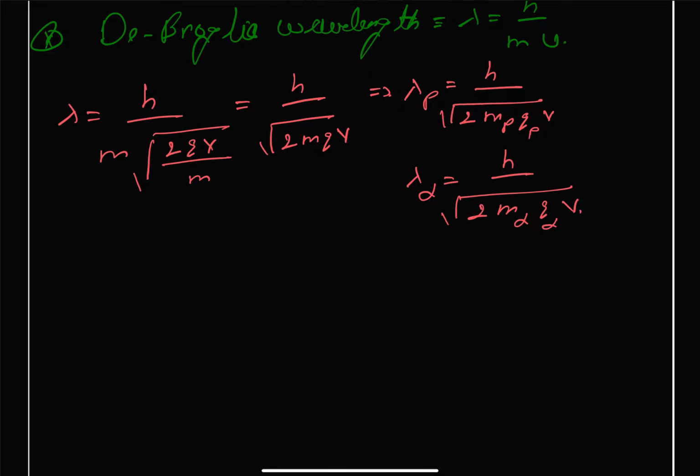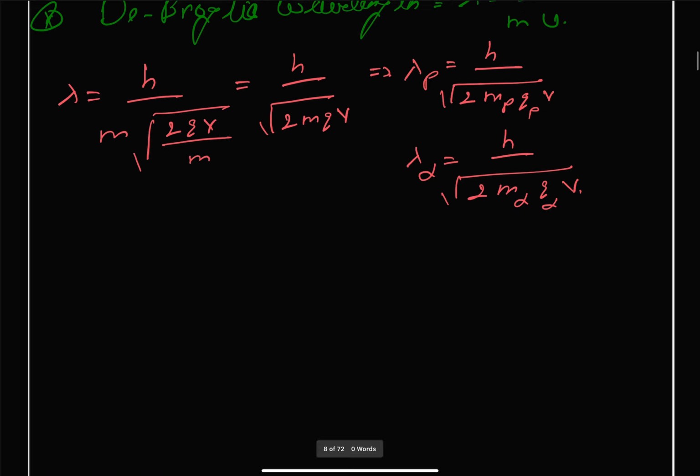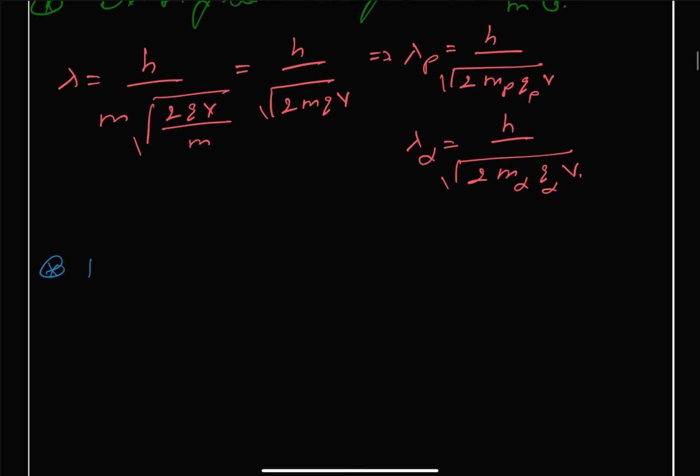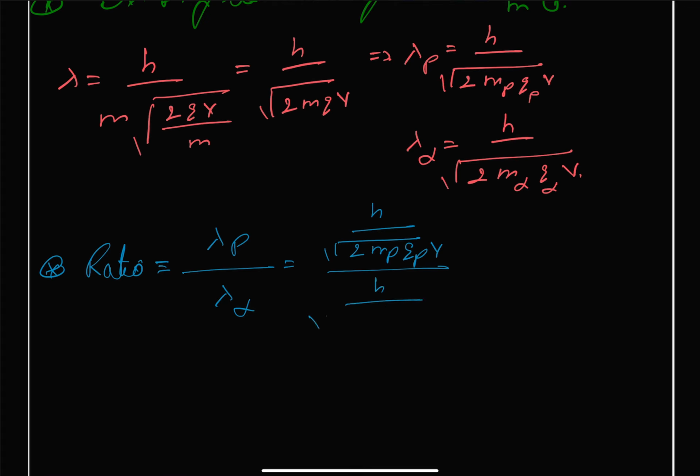And we have to find out the ratio. Therefore we can say that our ratio, that is lambda p upon lambda alpha, will be equal to h upon square root of 2 mass of proton, charge, potential difference, and this comes as h upon square root of 2 mass of alpha, charge on alpha, and potential difference.